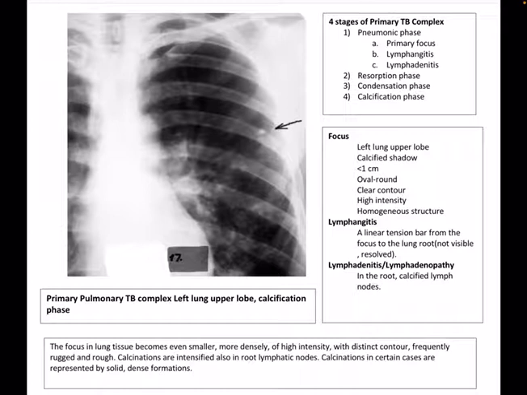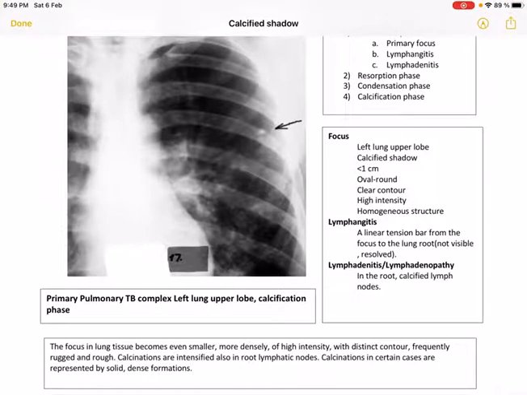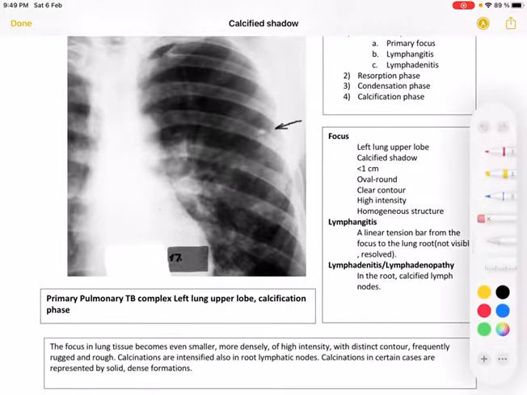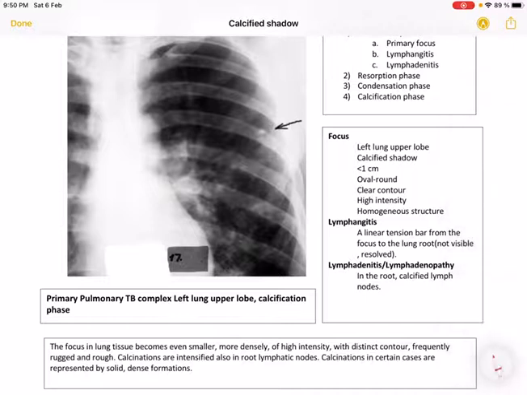So let's define some points about pulmonary TB and the different phases. About the early phase, the pneumonic phase: we discussed earlier the focus where the inflammation starts because of the entry of mycobacterium tuberculosis into the lungs.